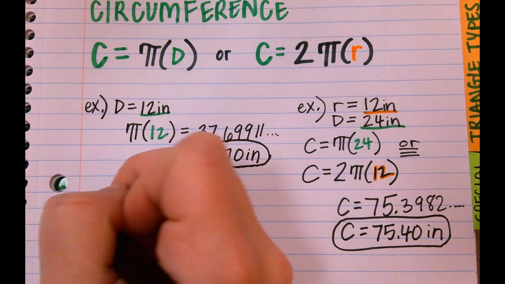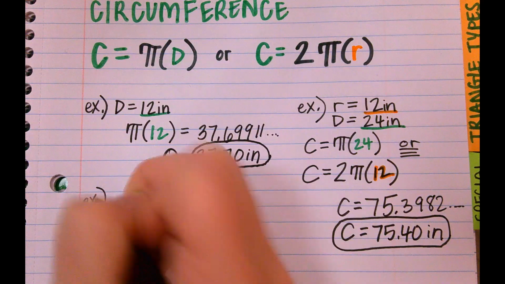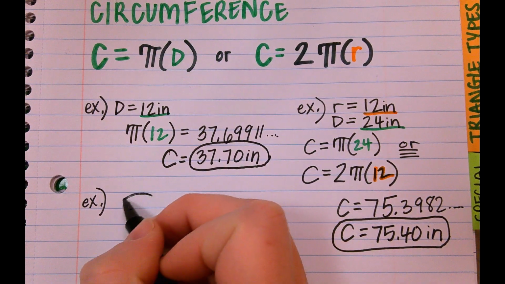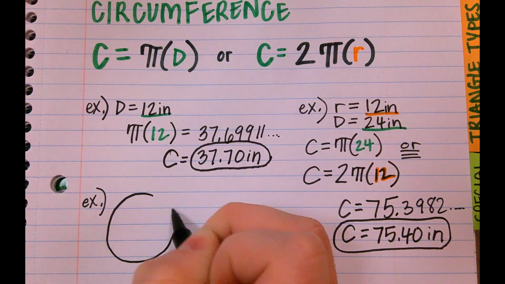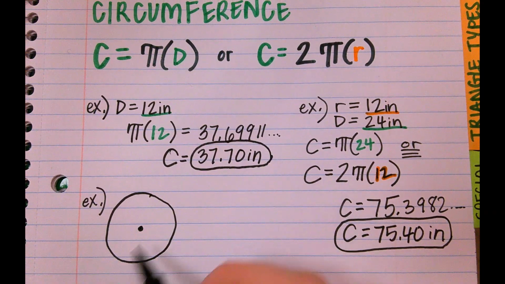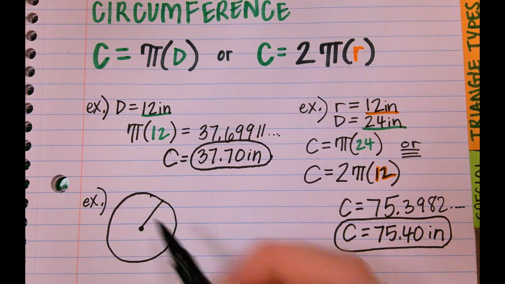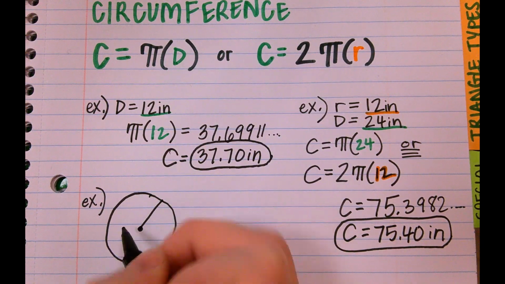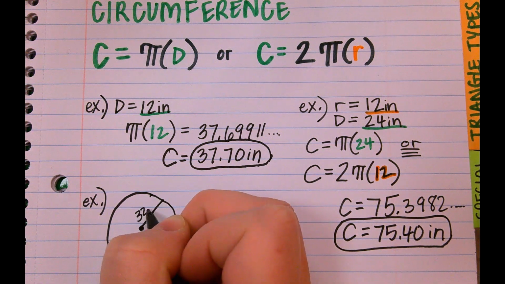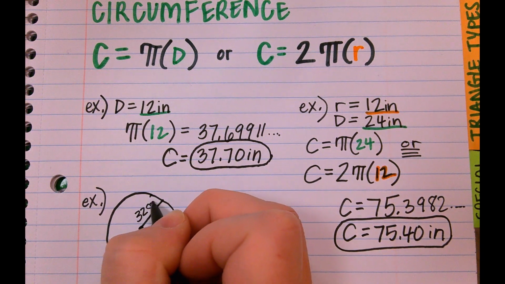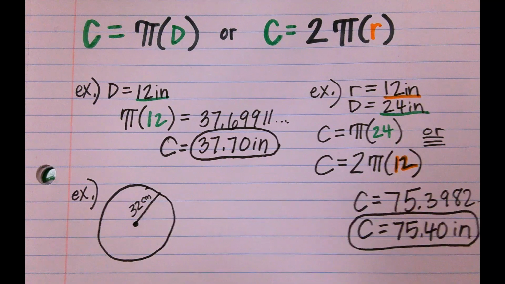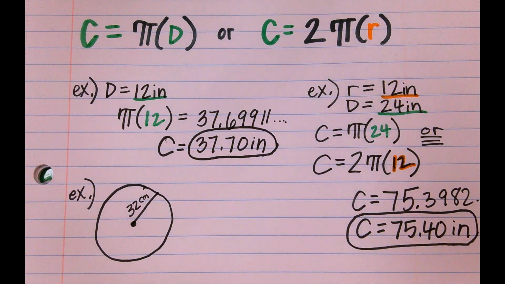So let's do one more together. This time I'll draw you a picture. I'm not going to tell you what I'm giving you. I'm giving you a picture. Let's say this is 32 centimeters.